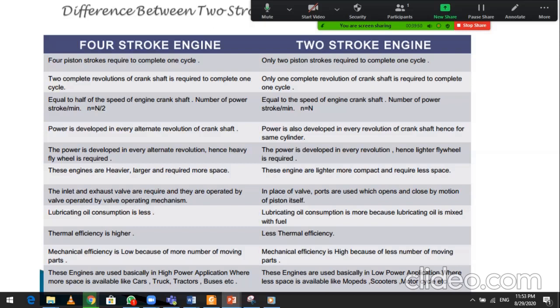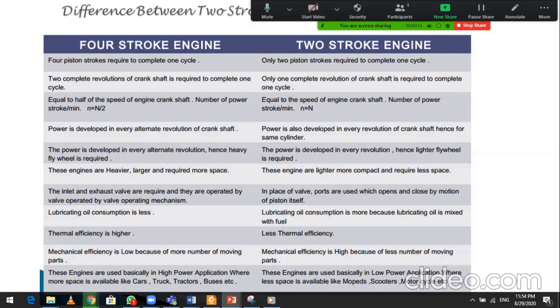These engines are heavier, larger, and require more space, and these engines are lighter and more compact, and require less space. The inlet and exhaust valves are required, and they are operated by a valve operating mechanism. In place of valves, ports are used which open and close by the motion of the piston itself.